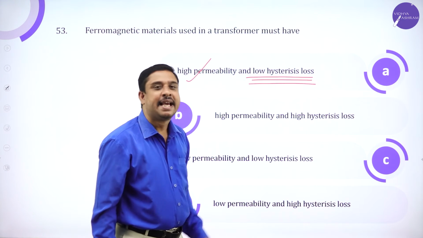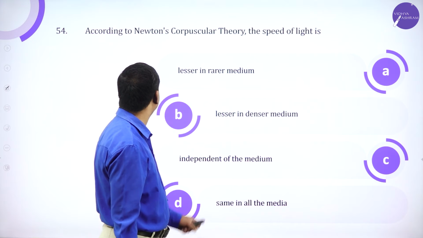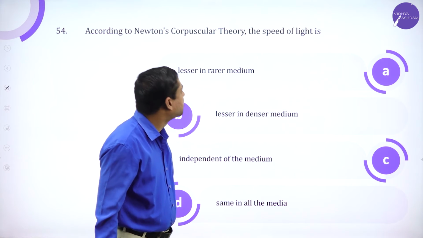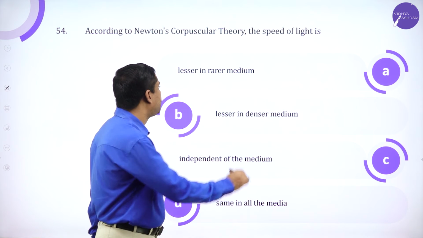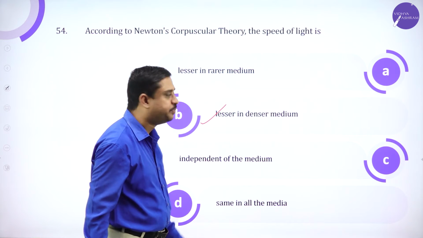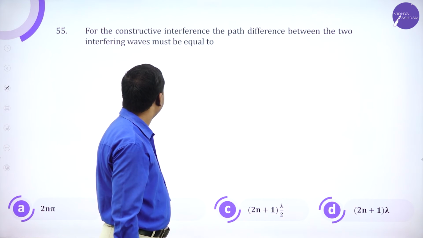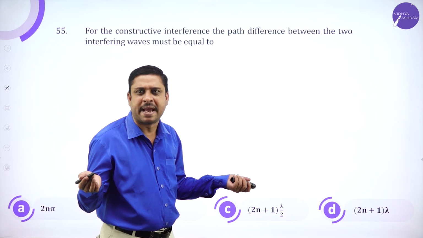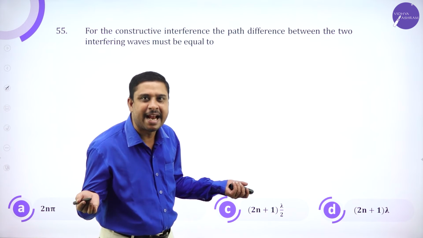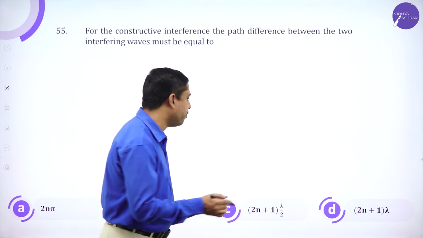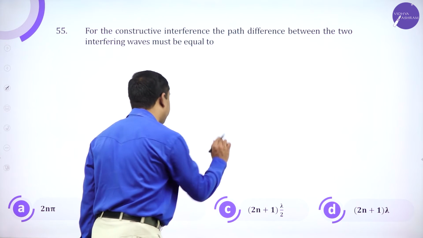So, low hysteresis loss. According to Newton's corpuscular theory, speed of light is greater in denser medium. For constructive interference, these are all theory based, no calculations. If you know your theory, very easy, n lambda.